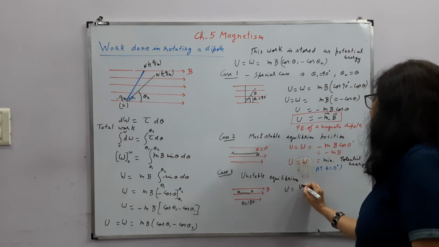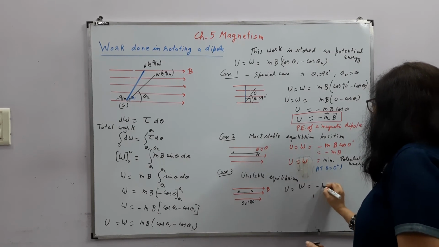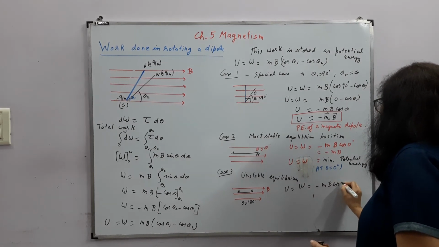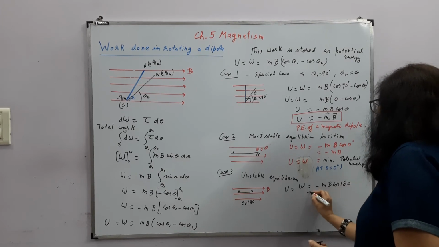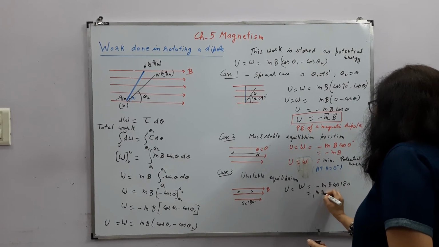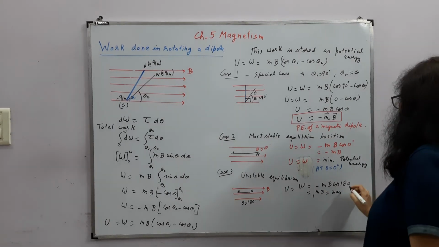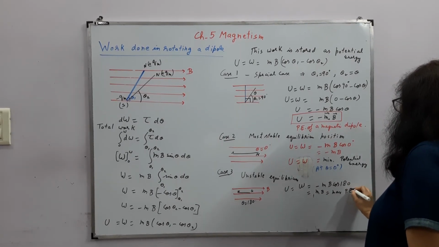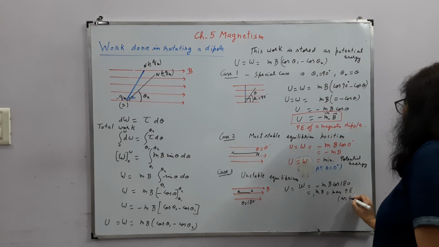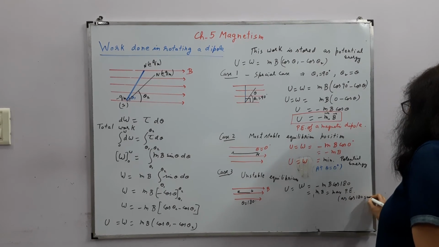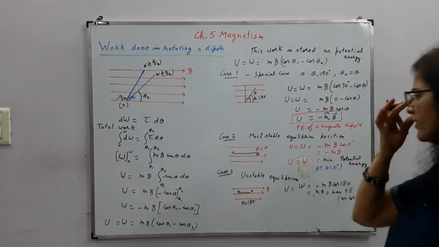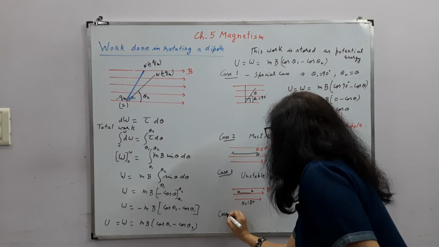U is equal to W is equal to minus mB cos of 180 degrees, and this will be mB. So maximum potential energy, as cos 180 is minus 1.